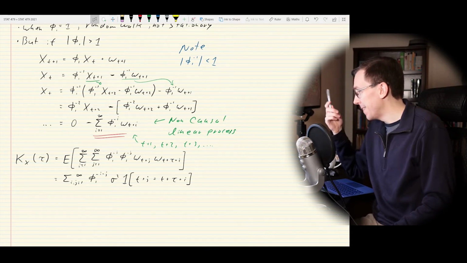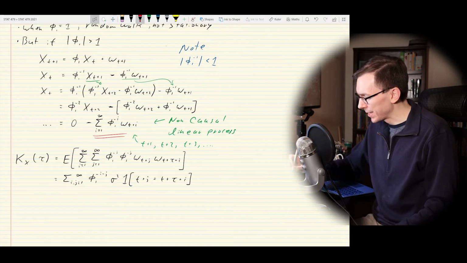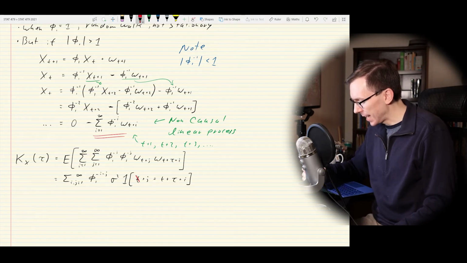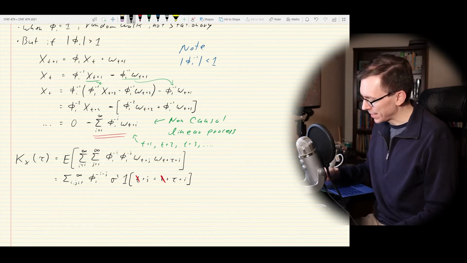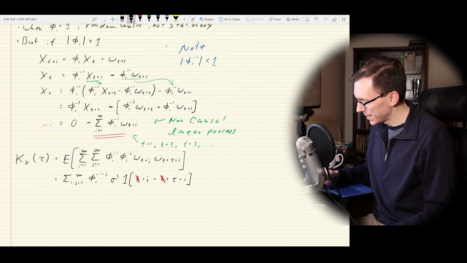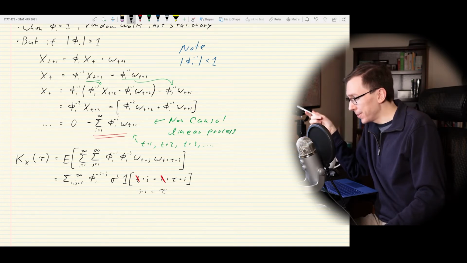And then from there, we just fight our way through the equation. The t's cancel out here, so we don't need those. And we're just saying that we want, if we rewrite this, j minus i equal to tau. So what does that mean?